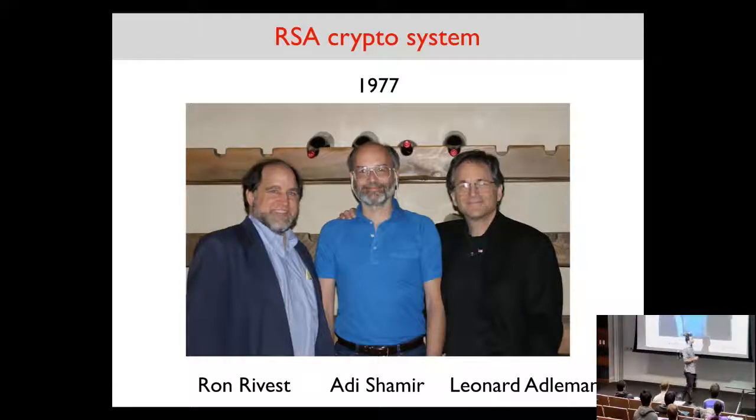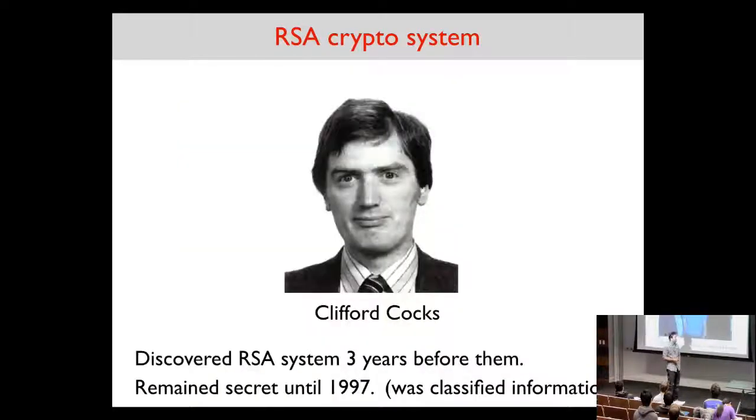Okay. So I'm going to describe to you now the RSA crypto system from 1977, which is a very famous crypto system, and variations of it are being used today all over the place. Actually, they were not the first to discover this. There's a guy called Clifford Cocks who discovered it 3 years before they did.